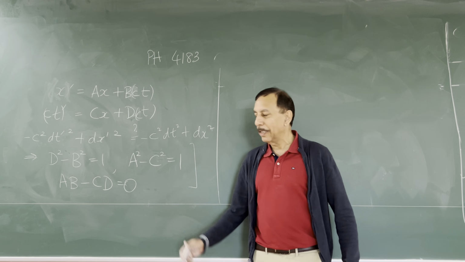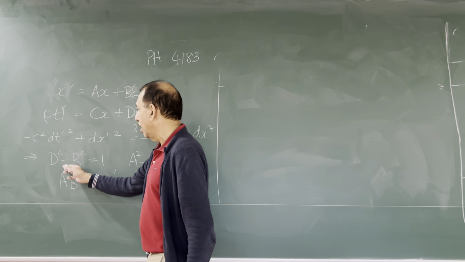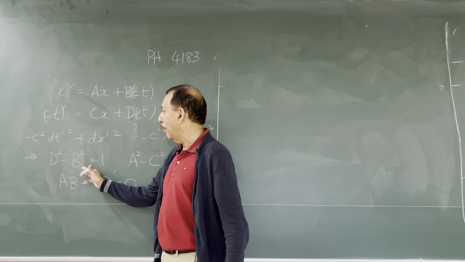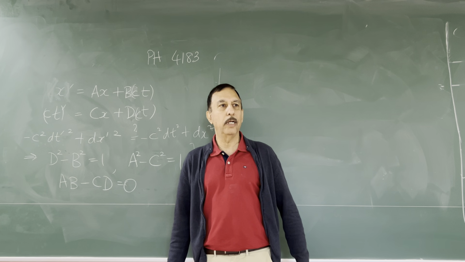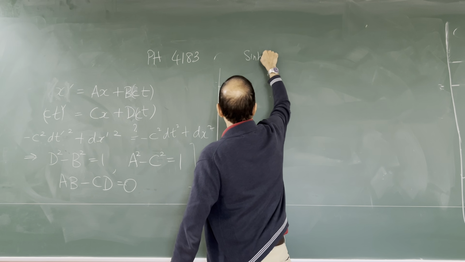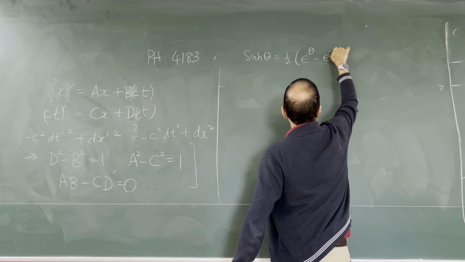But we can short circuit that if we have a very good friend who says, look, this kind of equation suspiciously looks like the equation relating the hyperbolic sine and cos functions. Do you know these functions? Sine hyperbolic and cos hyperbolic? Let's remind ourselves of them. Sine hyperbolic of theta is half e to the theta minus e to the minus theta.